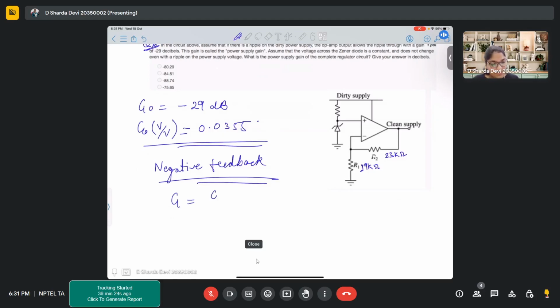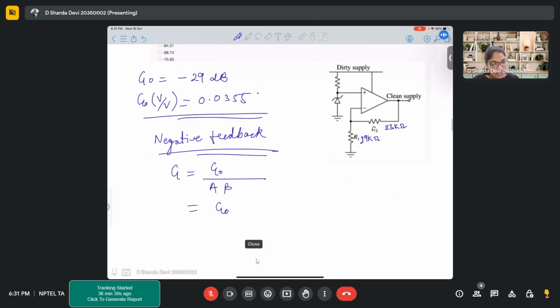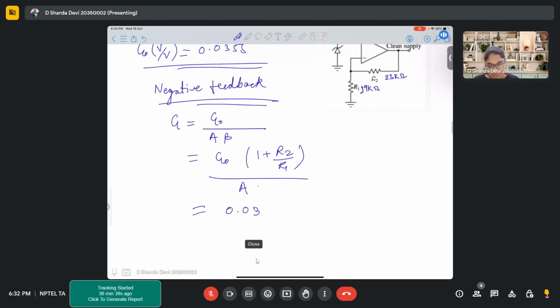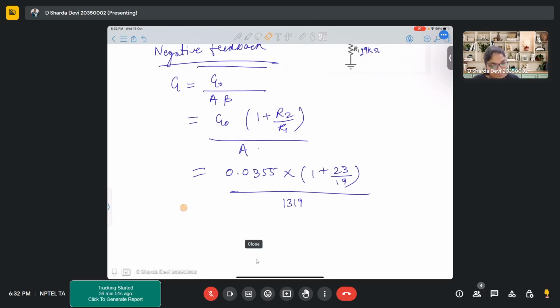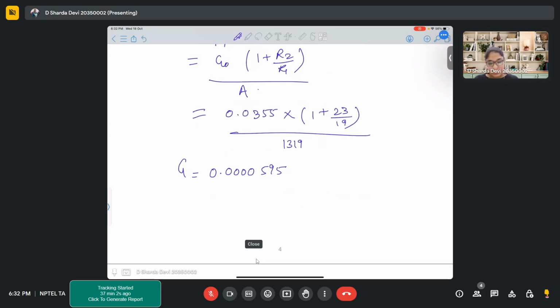So the new gain G will be G naught upon A into beta, which is G naught upon 1 plus R2 upon R1 into A. So that is 0.0355 into 1 plus 23 by 19 upon 1319. So the new gain G is 0.000595. So this is the new gain that we are getting in volt by volt.